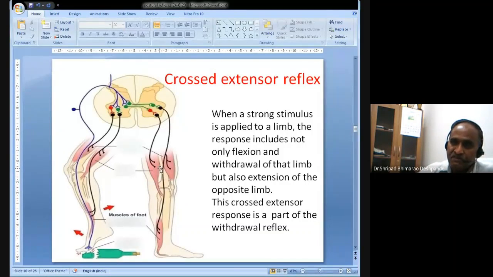So this limb becomes like a pillar, like a rigid structure. This is the crossed extensor reflex. Already I have told you, it is a part of the withdrawal reflex and a part of the supportive response, an action taken by the muscle.